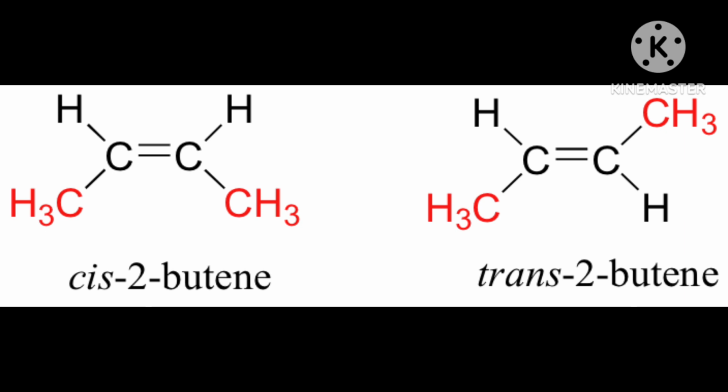For example, C4H10O represents methoxypropane. Here you can see methoxypropane means CH3OC3H7.